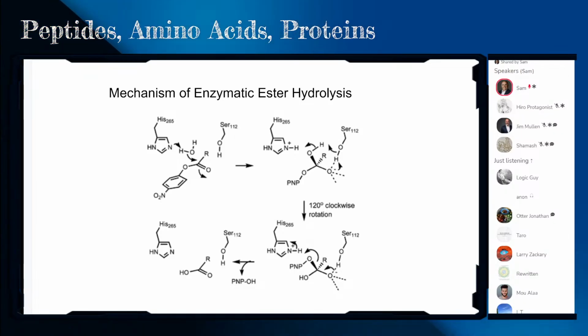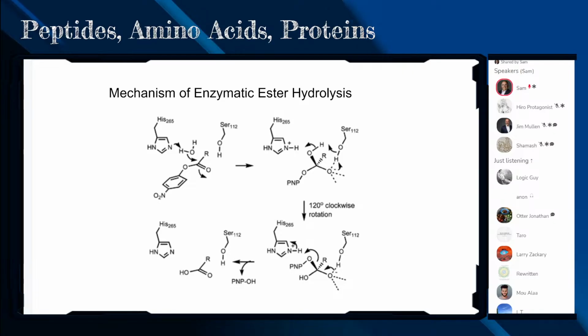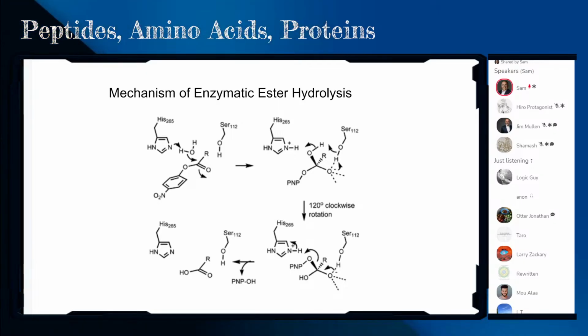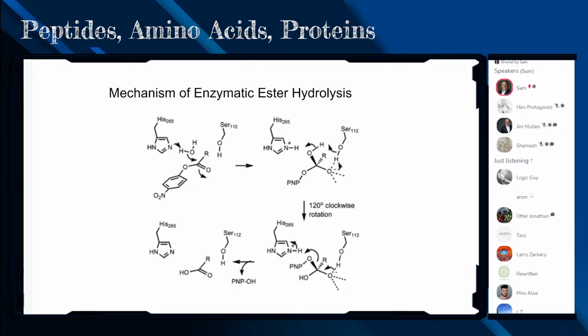And so now we have on the one side PNPOH, which is that paranitrophenol, the ring with the double bonds in it with the OH, and HOC double bond R. So what happened is that the molecule that went into it got hydrolyzed. The bond between the O and the C was broken.